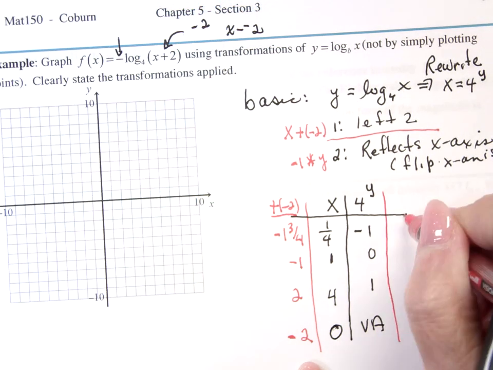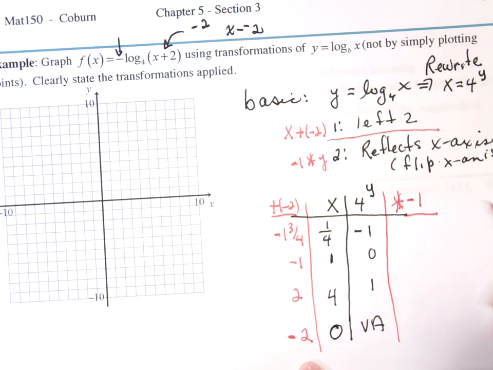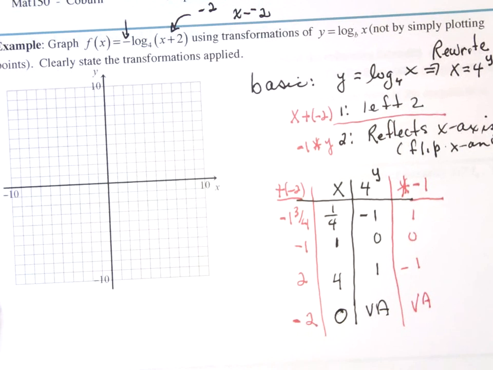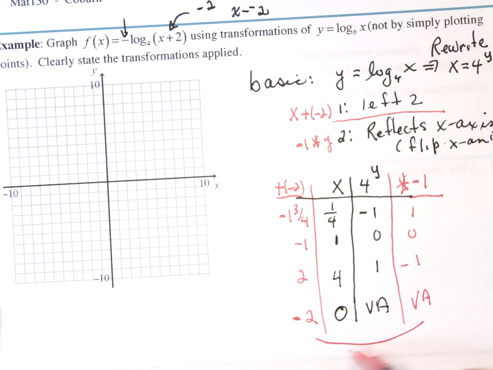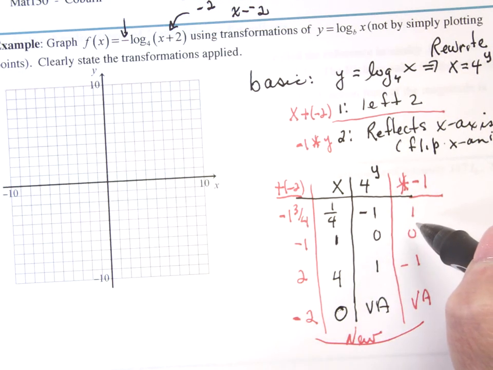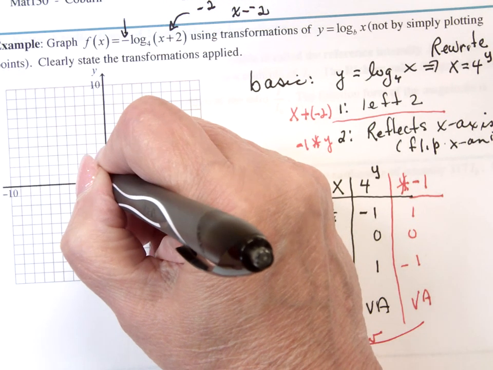Now I'm going to flip by multiplying the y values by minus 1. 1, 0, minus 1. So notice everybody now has changed sign. And that's my VA, because he doesn't do anything. What's on the new is what's on the outside. So if x equals minus 1 3/4, y equals 1.